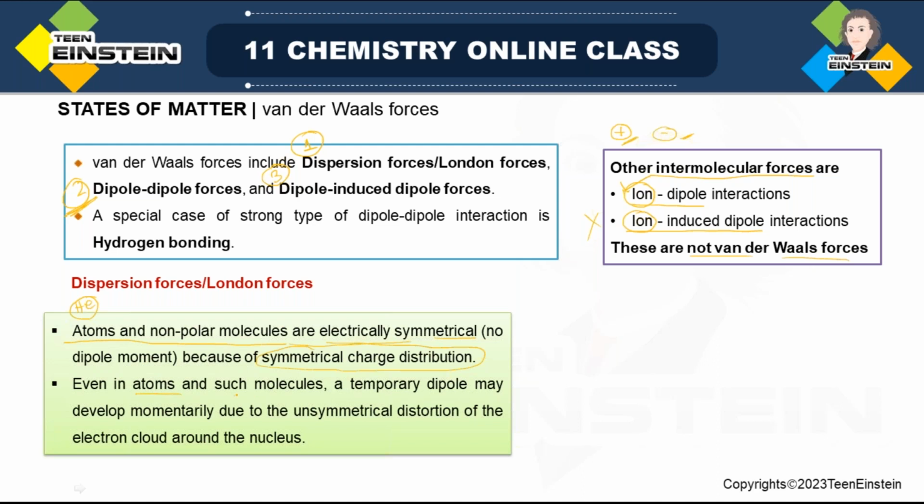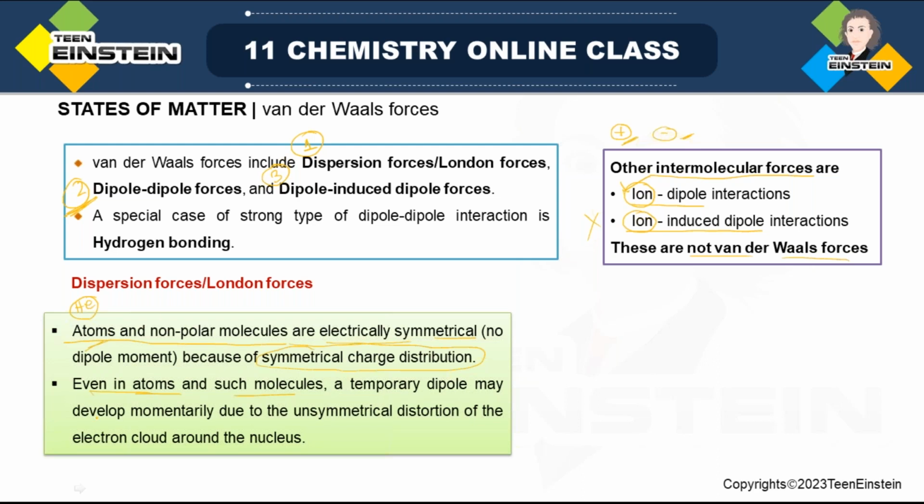Even in atoms and such molecules, that is the previous line, what is mentioned, atoms and non-polar molecules. As it is non-polar, and in case of atoms, no question of polarity is possible. Polarity we talk about when there are at least two atoms, that is at least one bond present. Then you can talk about dipole moment or polarity. So that is why when it is simple atoms, no question of polarity.